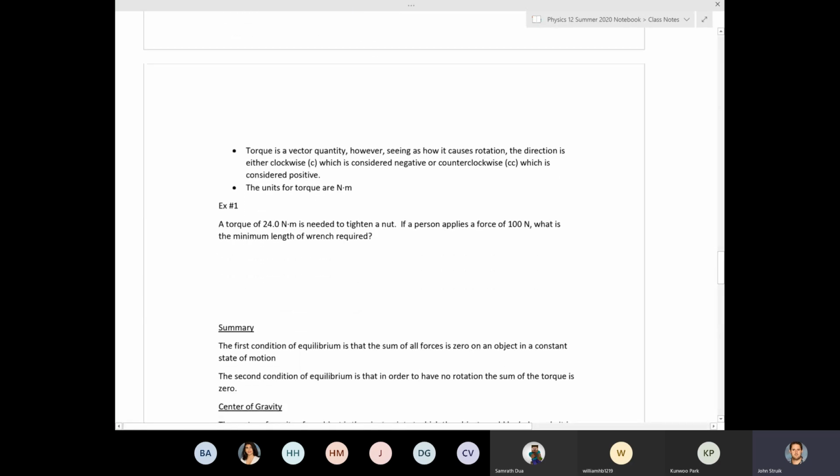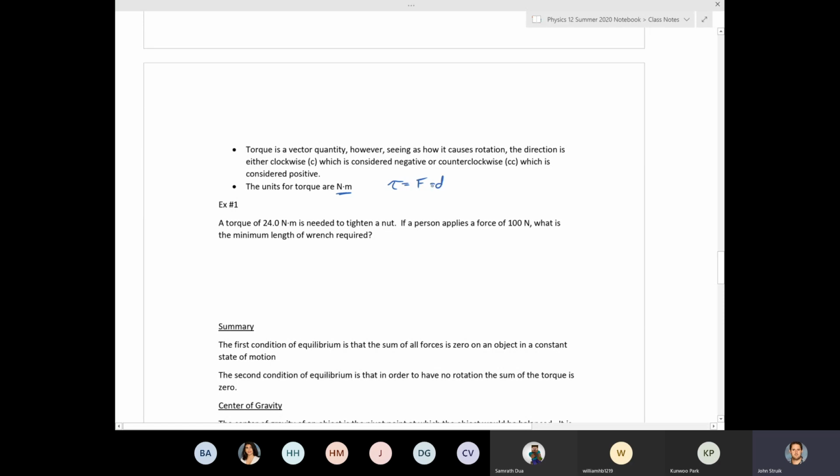Torque is a vector quantity. However, now instead of using up, down, right, left, we're using clockwise or counterclockwise. The units are Newton meters, because torque is equal to F times D, which is newtons times meters.